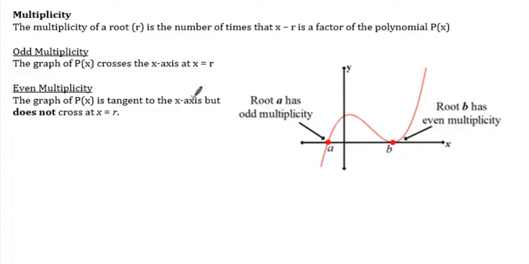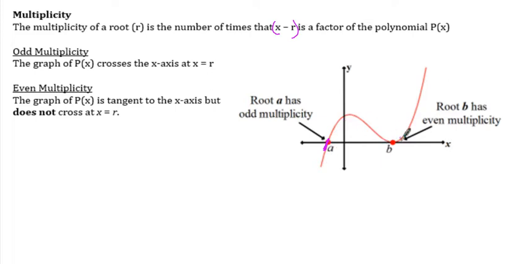Let's talk a little bit about multiplicity. The multiplicity of a root r is the number of times that x minus r is a factor of the polynomial. We've talked about factors versus zeros before. This root here, a, has an odd multiplicity. It crosses this axis and goes straight through.